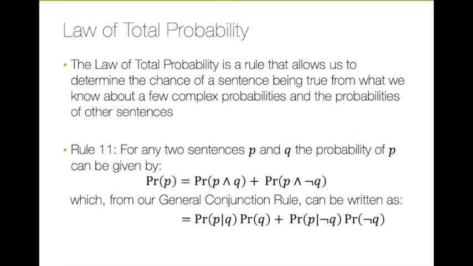The probability of P and Q in the top formula, that first term, is rewritten in the second formula as the probability of P given Q times the probability of Q. And then back to the top formula. The probability in that one of P and not Q, that's rewritten in the bottom formula as the probability of P given not Q times the probability of not Q.